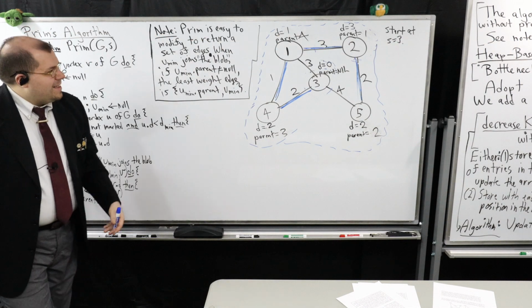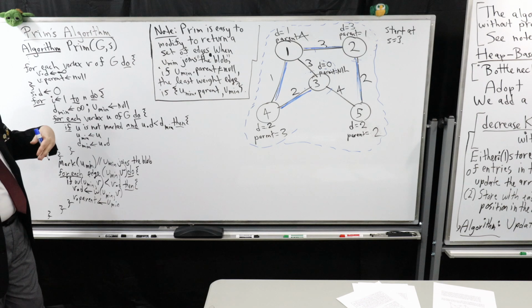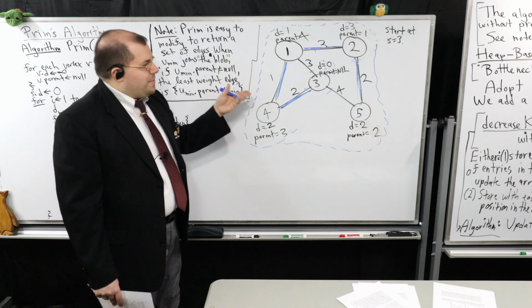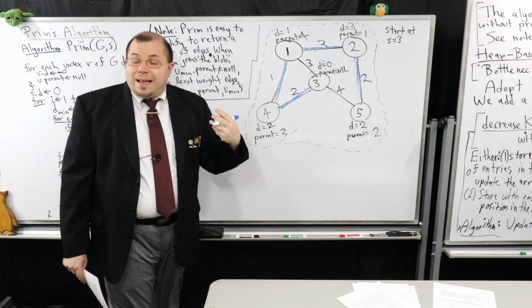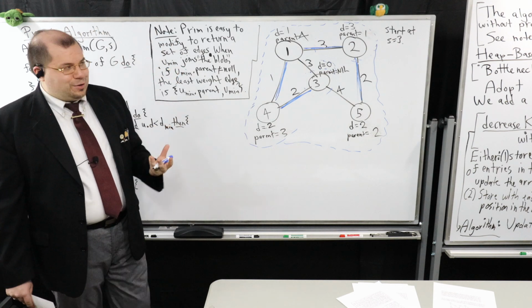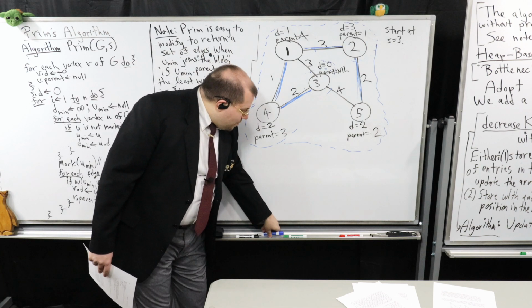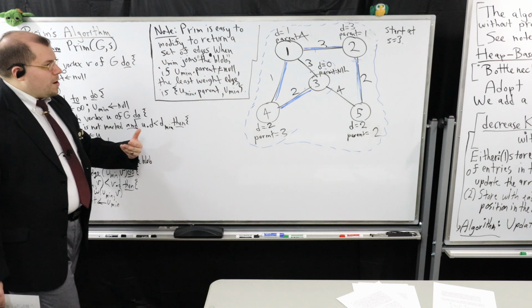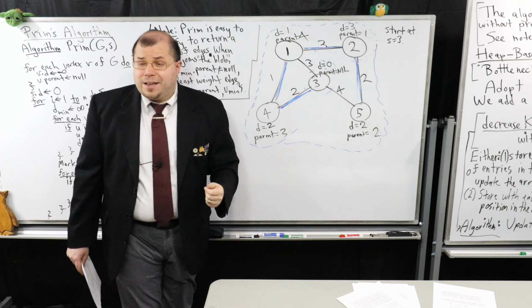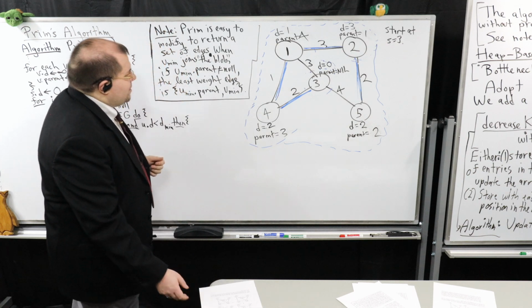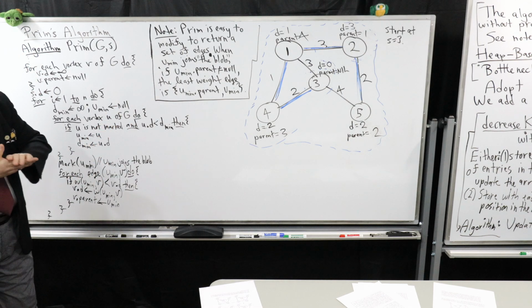Once I complete this process, I now have a spanning tree because it has all the vertices, and that's because the blob devoured every vertex. Likewise, because of the cut property, the edges I've highlighted here in blue constitute the minimum spanning tree. So that's the conclusion of me applying Prim's algorithm.